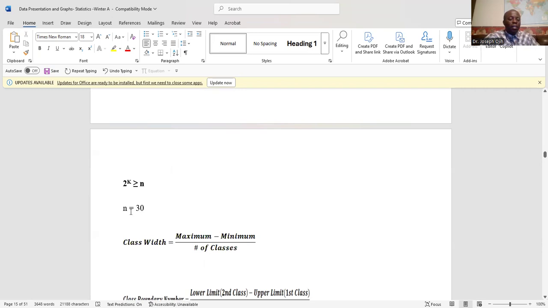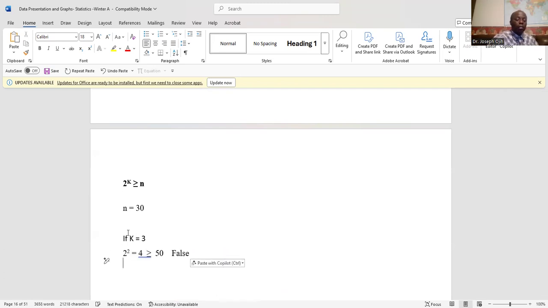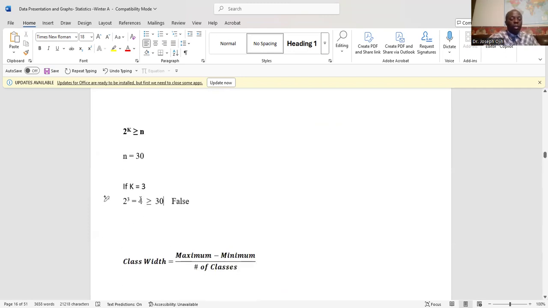If k equals 3, I will try 2 to the power 3 and see if it's greater than or equal to 30. 2 to the power 3 means 2 times 2, 4, times 2, 8. So 3 doesn't work.